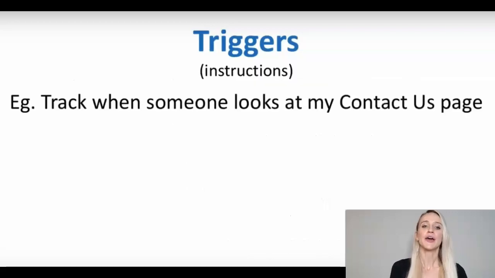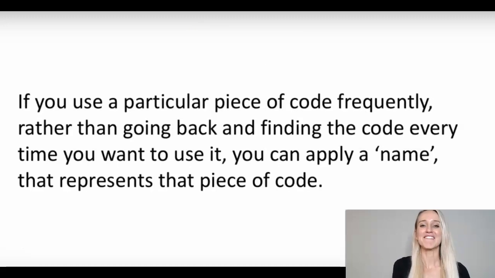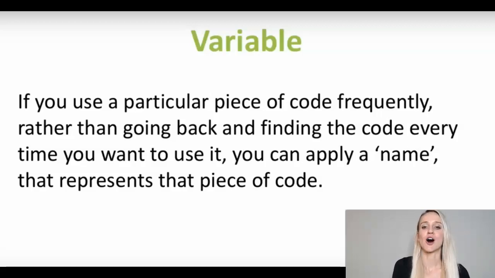For example, it could be a trigger to track when somebody looks at your contact page. So then it fires the code to track it. If you have a particular piece of your code that you want to be triggered frequently, you can create what's called a variable. This will allow you to use it multiple times.